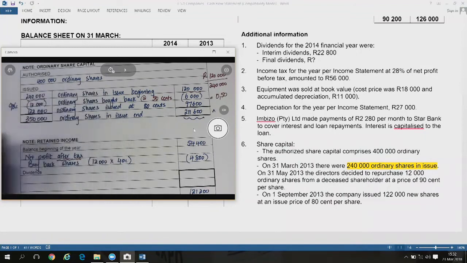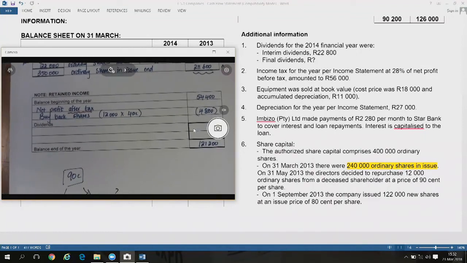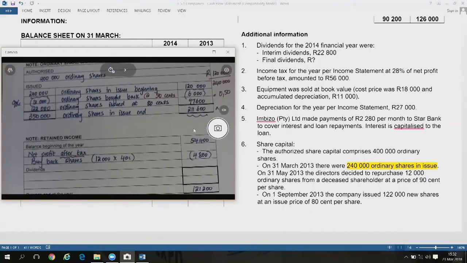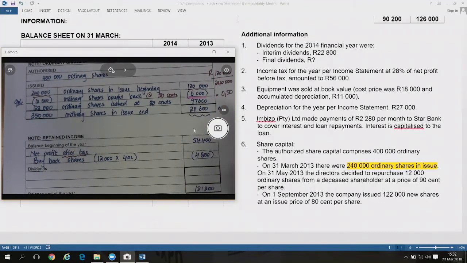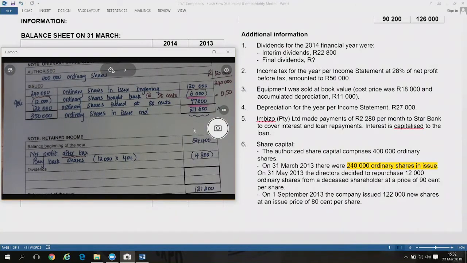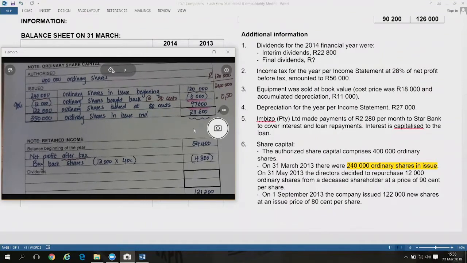If we go to the retained income, we need to use... now for your cash flow statement, you are going to show the 6,000 as money out, because that's exactly what happened. We buy back shares for 6,000 rand. That is money out.